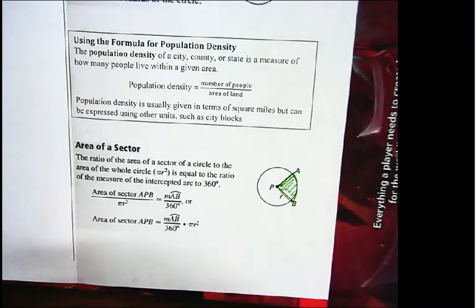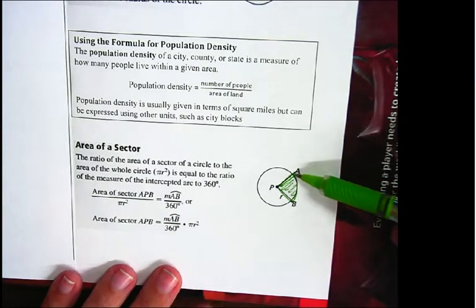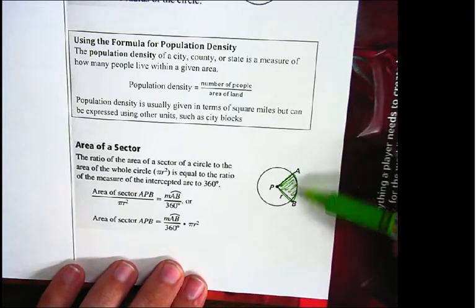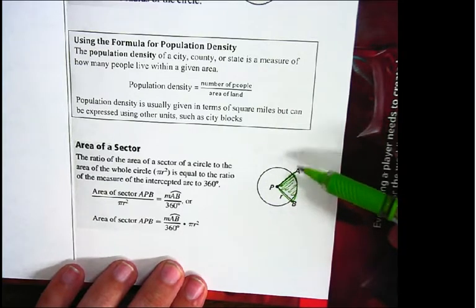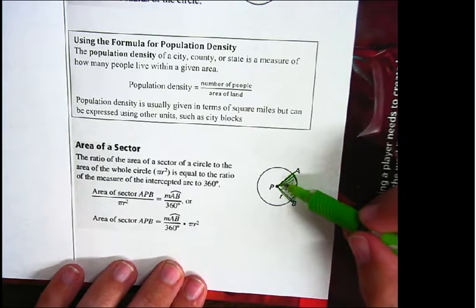Now, the area of a sector, to find that, we're basically going to do the exact same thing we did to find the length of the arc. And what that is, if you remember, the length of the arc divided by the circumference of the entire circle is equal to the measure of the central angle divided by the measure of the angle all the way around the circle, so 360.